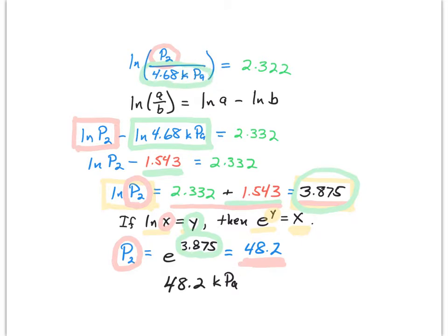If one pressure was in kilopascals, then the other pressure also had to be in kilopascals. And so that's why our answer then comes out as 48.2 kilopascals. If we want to evaluate it, we said that this whole thing would really have two significant figures. So 48 kilopascals would probably be the best reported number as our vapor pressure at the second temperature.